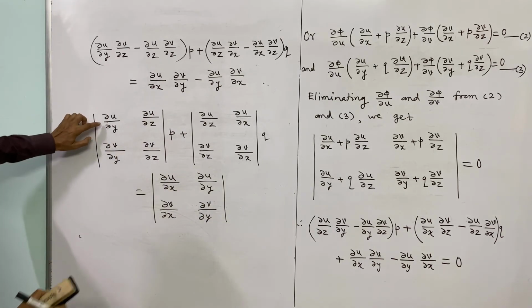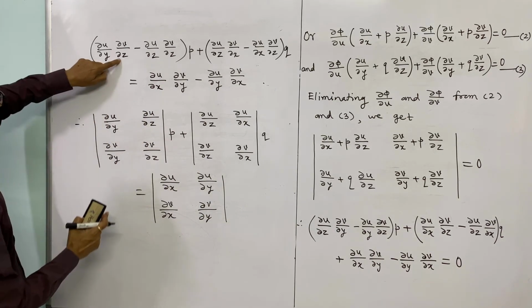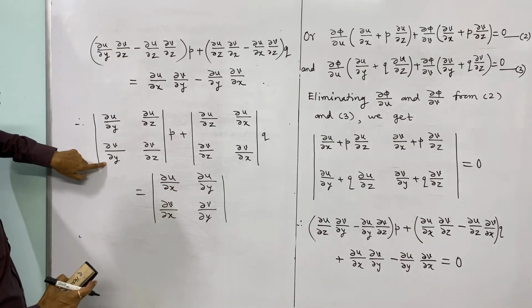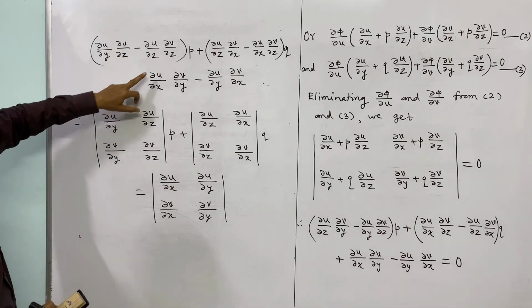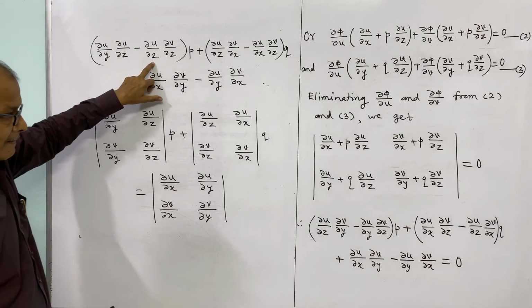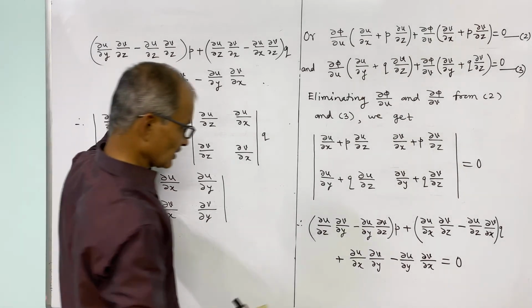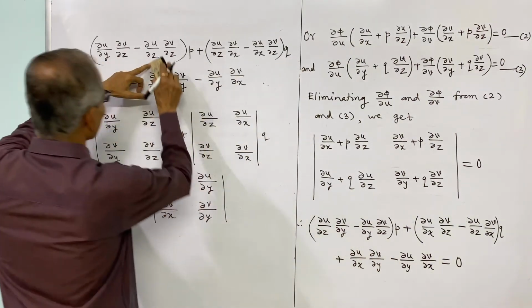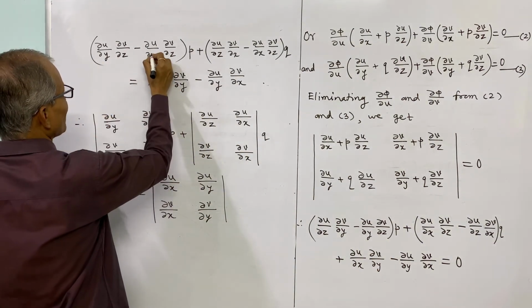See, dou u by dou y into dou v by dou z minus dou u by dou z into dou v by dou y. The coefficient of v must be dou u by dou y into dou v by dou z, so this must be corrected. It is y.